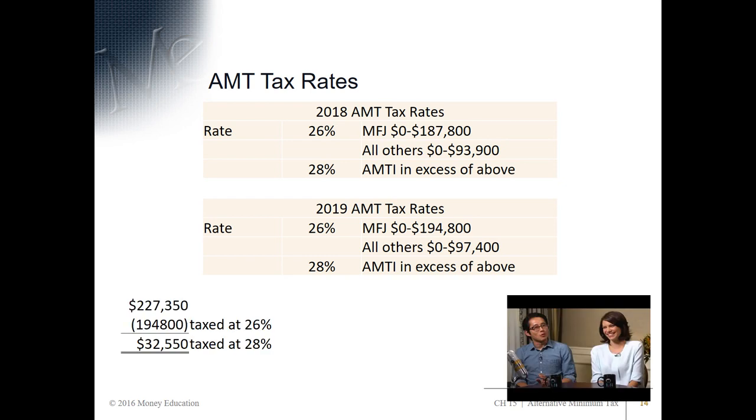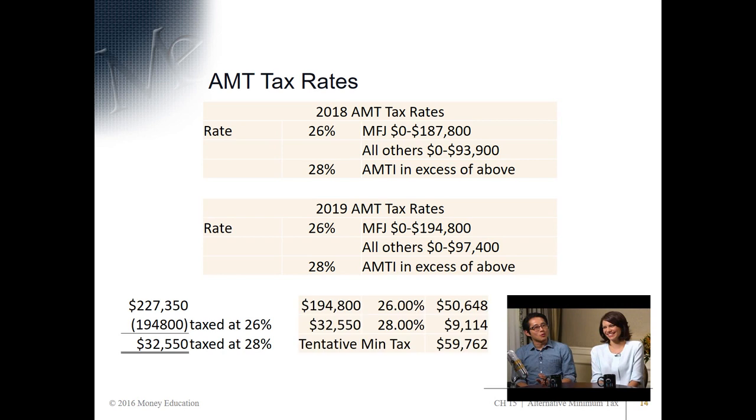All right, so let's look at their calculations. So they've got $227,350. The first $194,800 per this chart is going to be taxed at 26%. So let's subtract that, and that leaves us with a difference of $32,550. That remainder will be taxed at 28%. So now we can do our tax calculation.